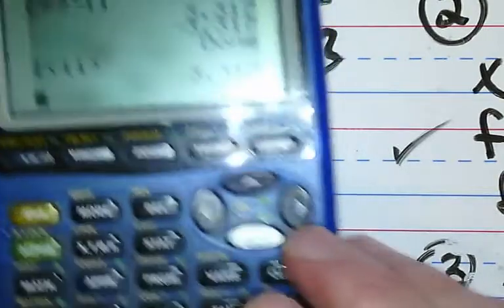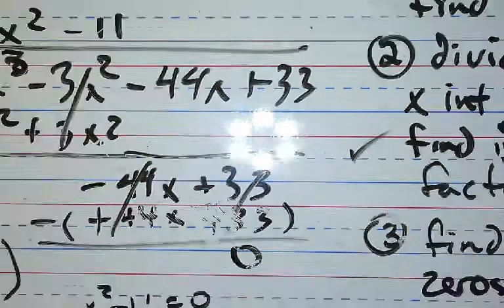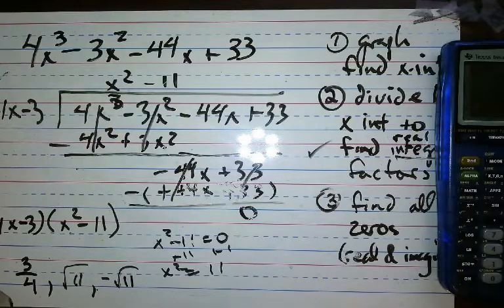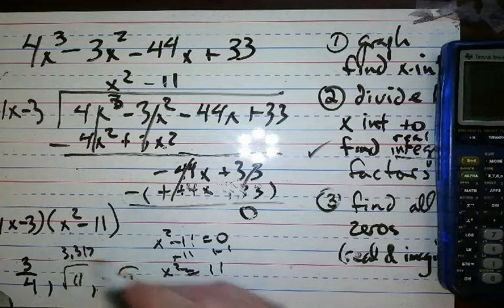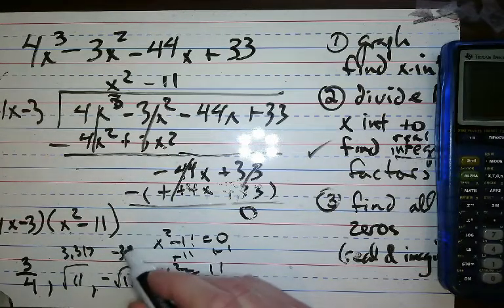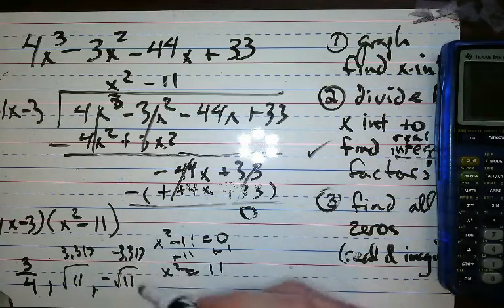So, if you want to write decimal answers, it doesn't hurt me. If you want to write radical answers, that's okay. 3.317, negative 3.317, right?